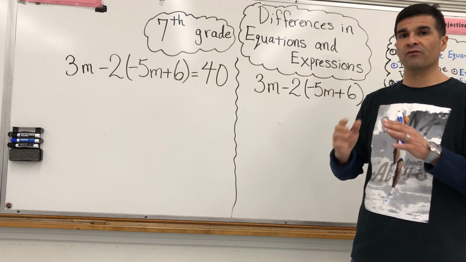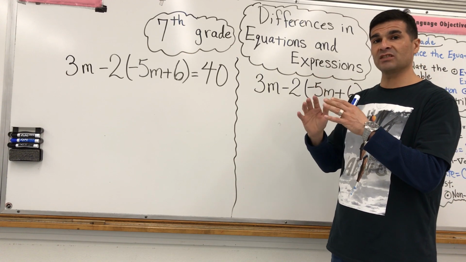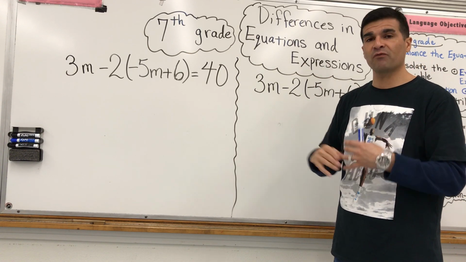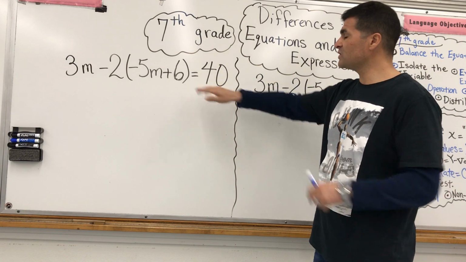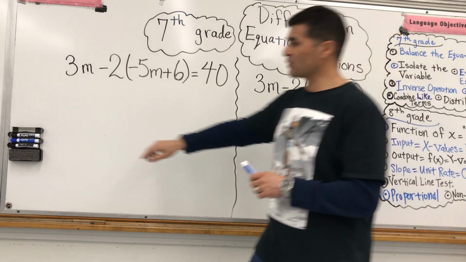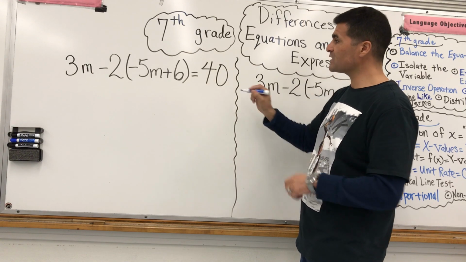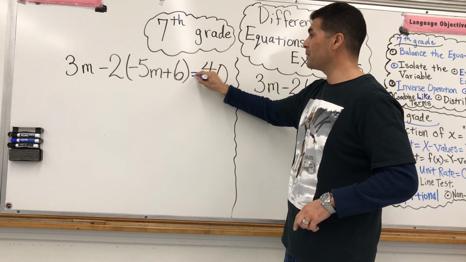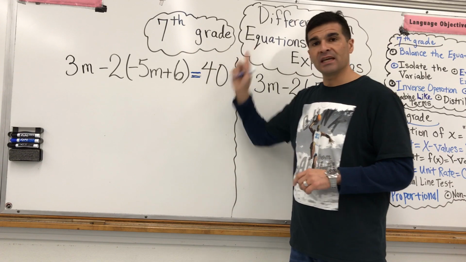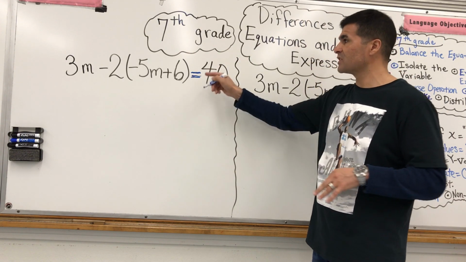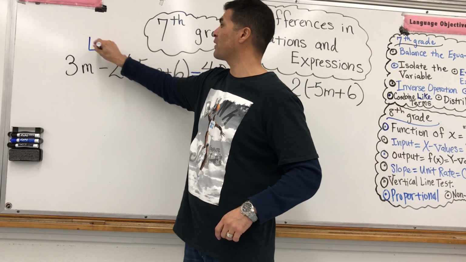Well, first we have to know the difference between what an equation is when we look at it, even before we get the solution. Equations have equal signs. So when we're looking at this equation, we know it's an equation automatically because it has an equal sign.